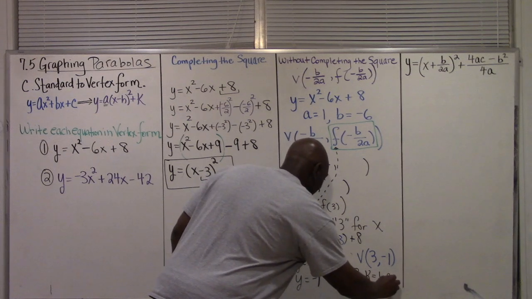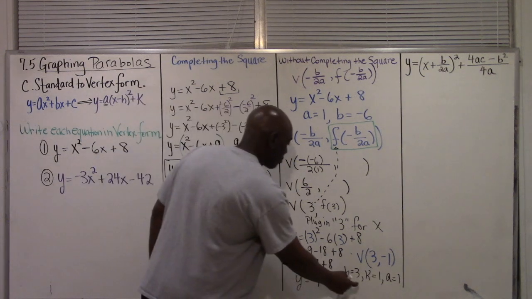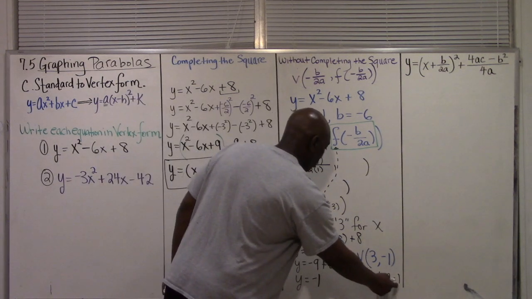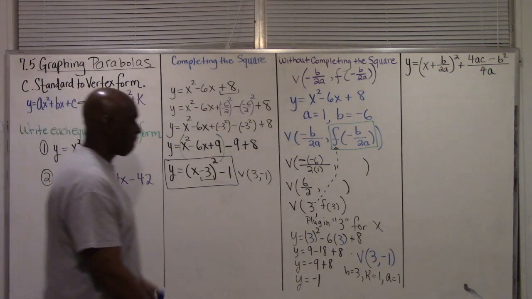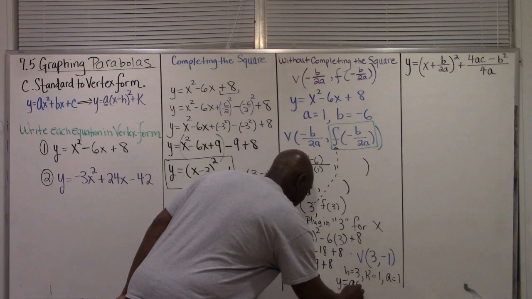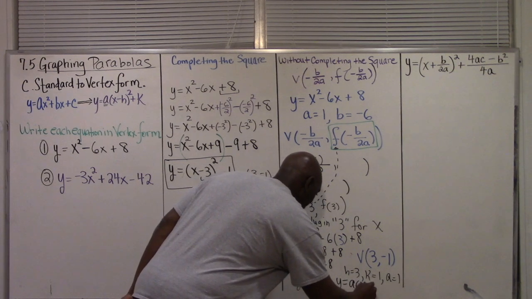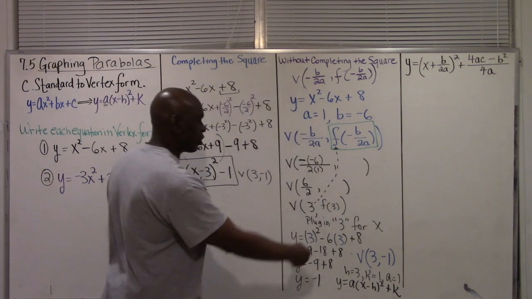You know a is 1. So now take all of these values, 3, negative 1, and 1, and plug it back into this form right here. So if y equals a times x minus h squared plus k, take those numbers and plug it in.